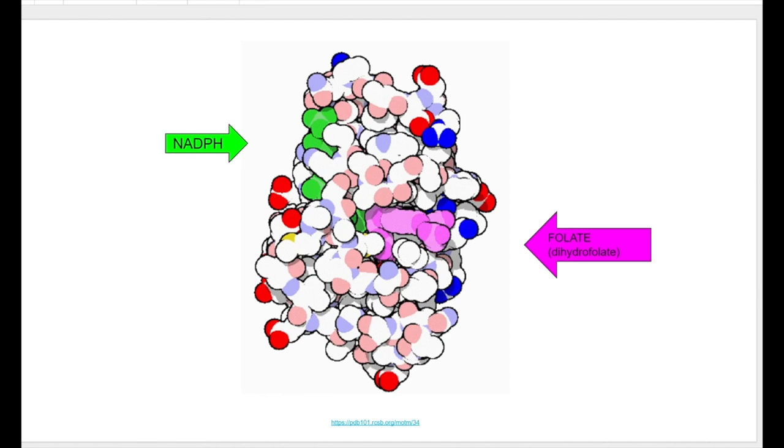In this molecule, you can see the NADPH in green and the dihydrofolate in purple that the DHFR enzyme is closely binding together. Without the interference of methotrexate, NADPH donates an electron to dihydrofolate, creating a reduced form of folate, tetrahydrofolate.